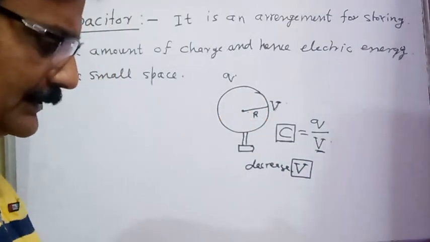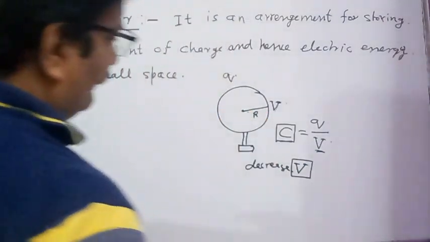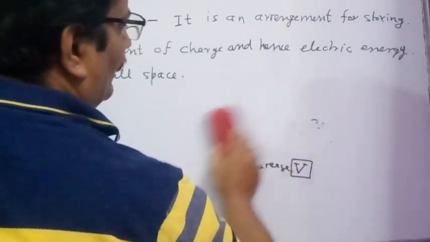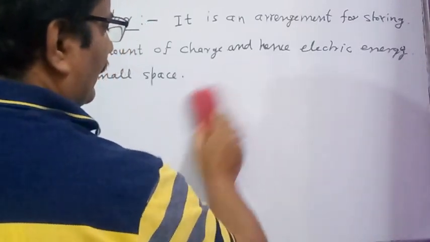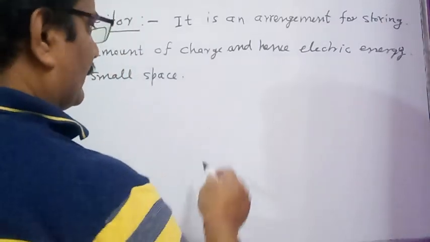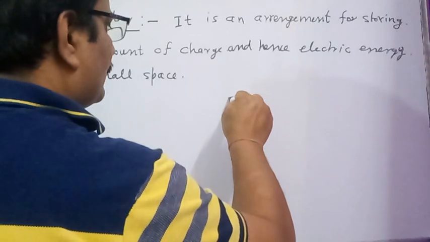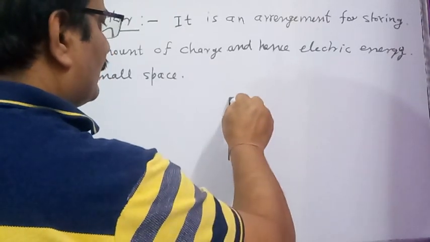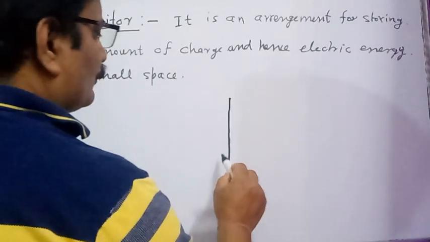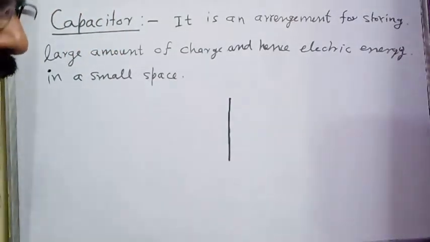How is a capacitor made? What can be the principle of a capacitor? Suppose there is a single, isolated conductor, with no connection to any other conductor or to the earth.